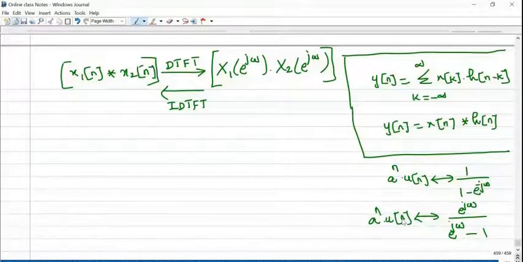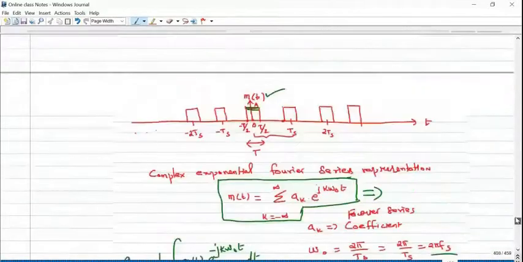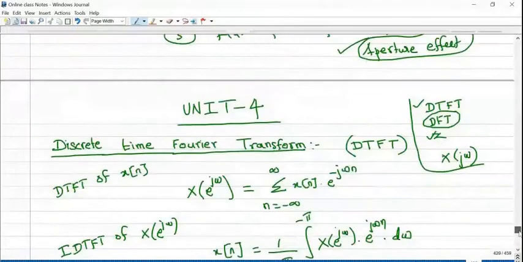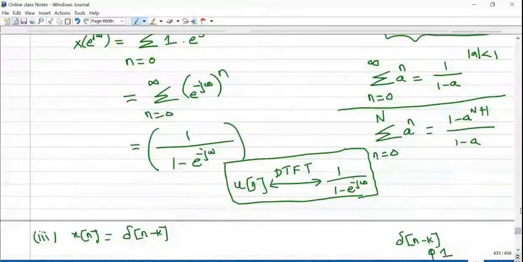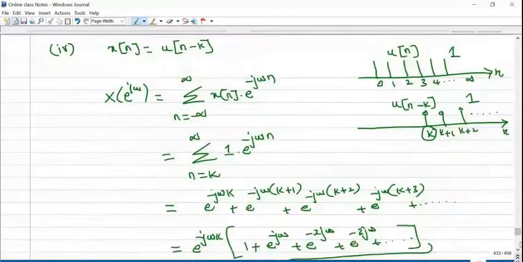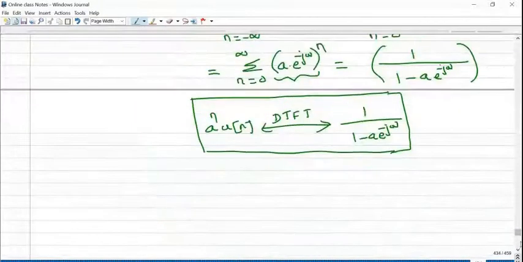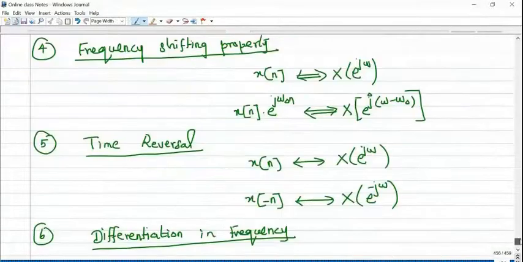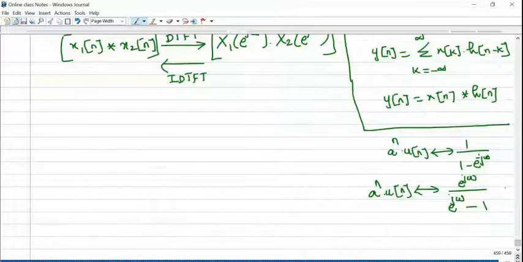a power n u of n: 1 divided by 1 minus a e power minus j omega.